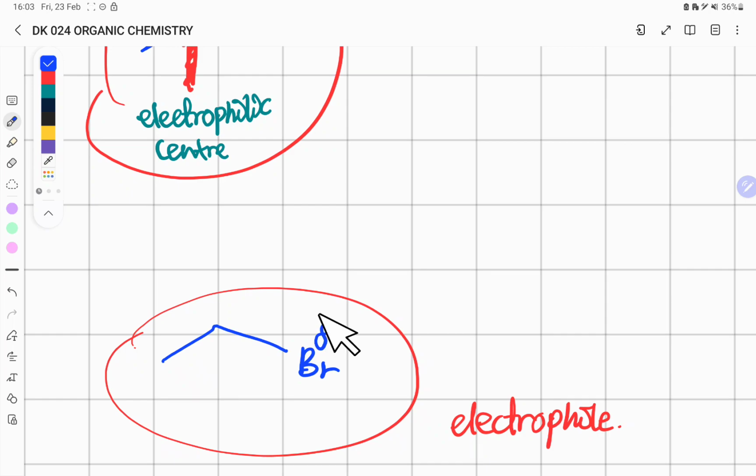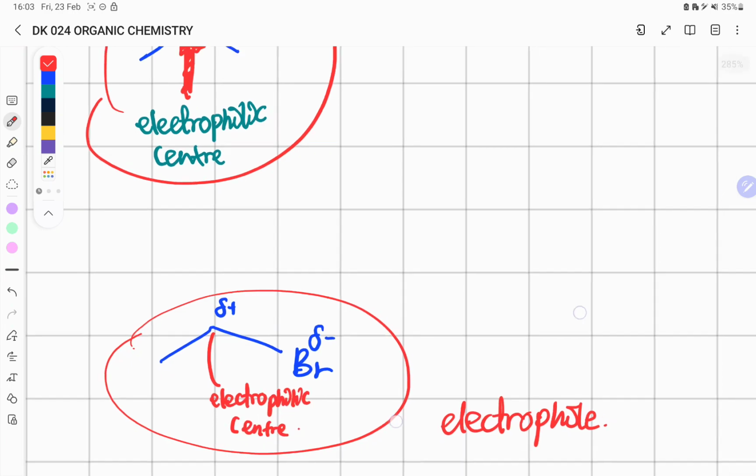Br. So dia akan ada delta negatif, delta positif. So carbon ni cukup elektron tak? Dia deficient. Elektron dia kena tarik pergi dekat Br. Jadi this is electron deficient. Therefore this is electrophilic center. Okay.